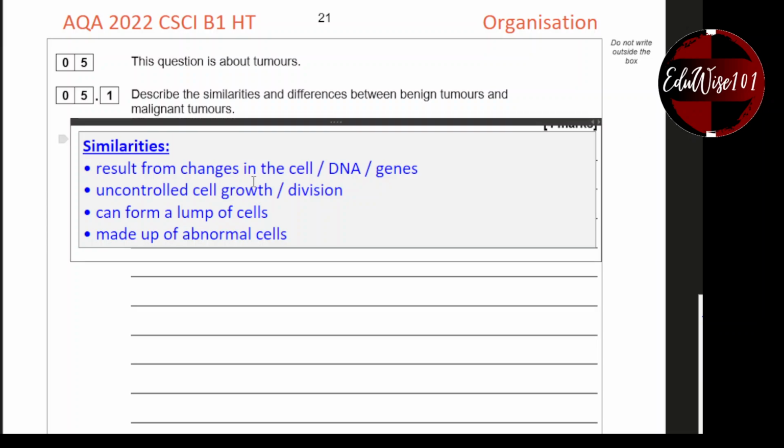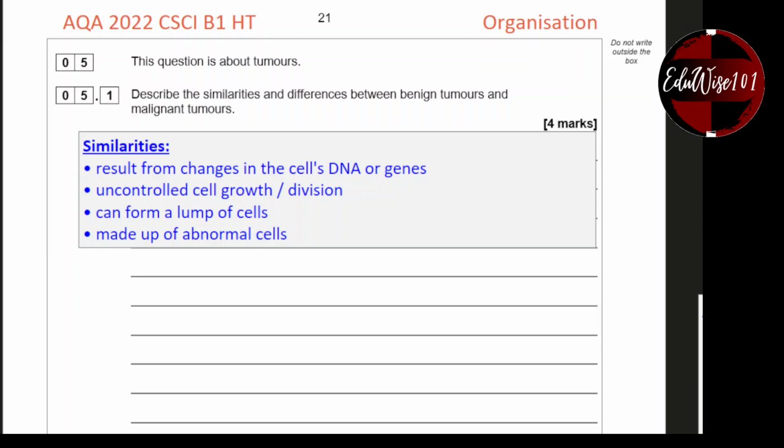They both result from changes in the DNA or genes, and they are both as a result of uncontrolled cell growth or division. They can form a lump of cells, and they're made up of abnormal cells. Those are the similarities between both of them.